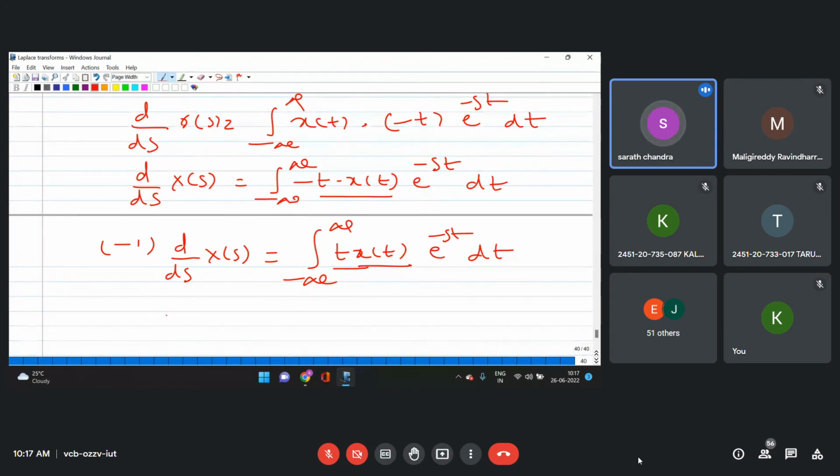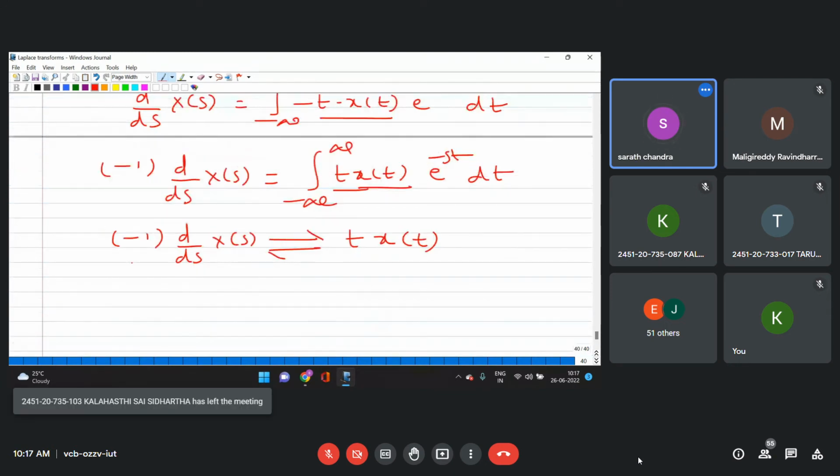Now is that clear? So how can I write this here? So minus 1 d by ds of x of s equals what? How can I write this, or apply this symbol here by removing that? Let me apply this symbol here. So this will be equals t times x of t, right? So let me write this in the other way. So this will be t into x of t.